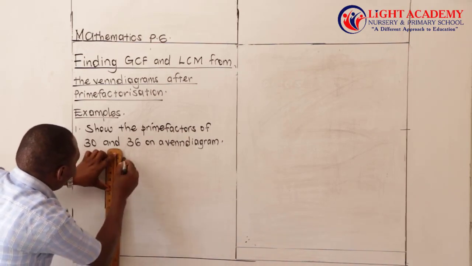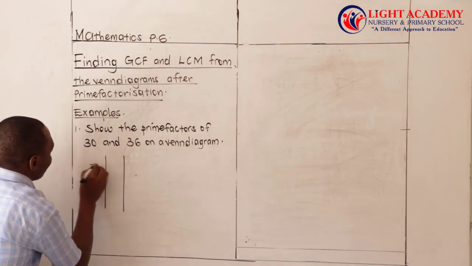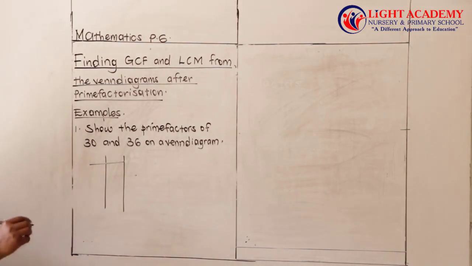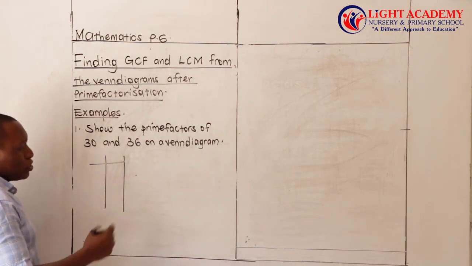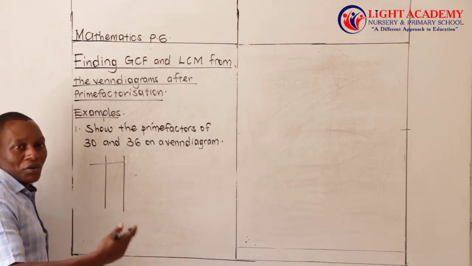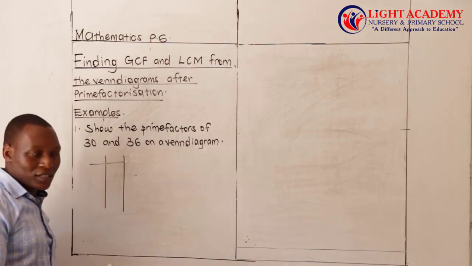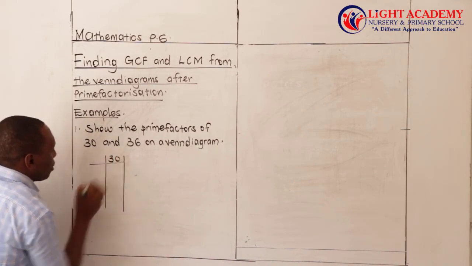I'm using the ladder method. Remember, we are using the possible prime numbers: 2, 3, 5, 7, 11, 13, and very many others. The number I'm starting with is 30.